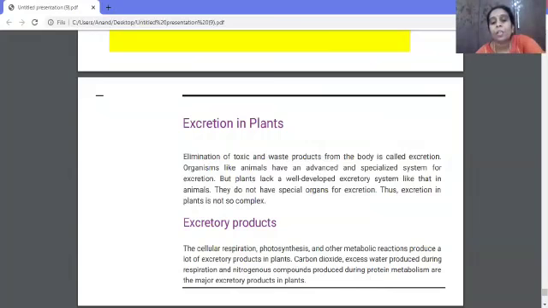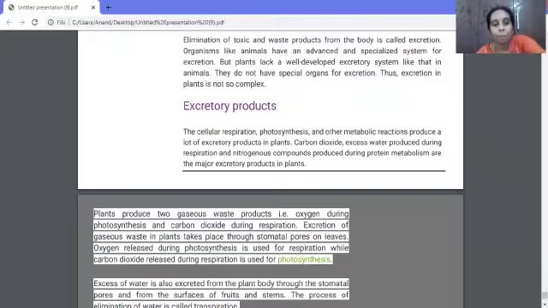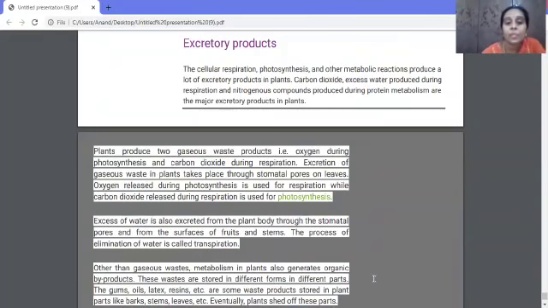These are the major excretory products of plants. Plants also produce gaseous waste such as oxygen, which is produced during photosynthesis, and carbon dioxide during respiration. So these gases need to move out of the plant body.